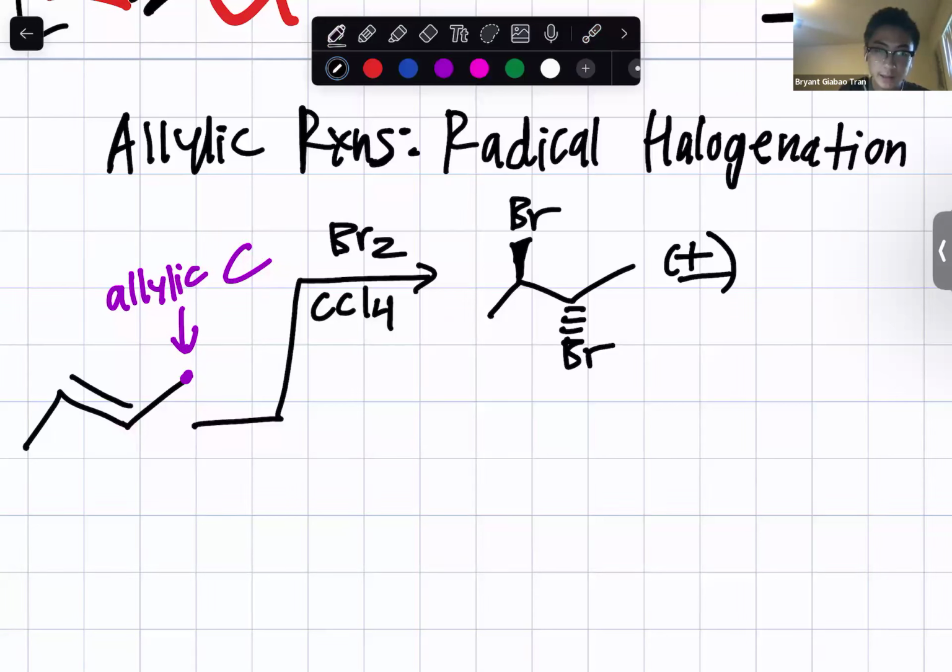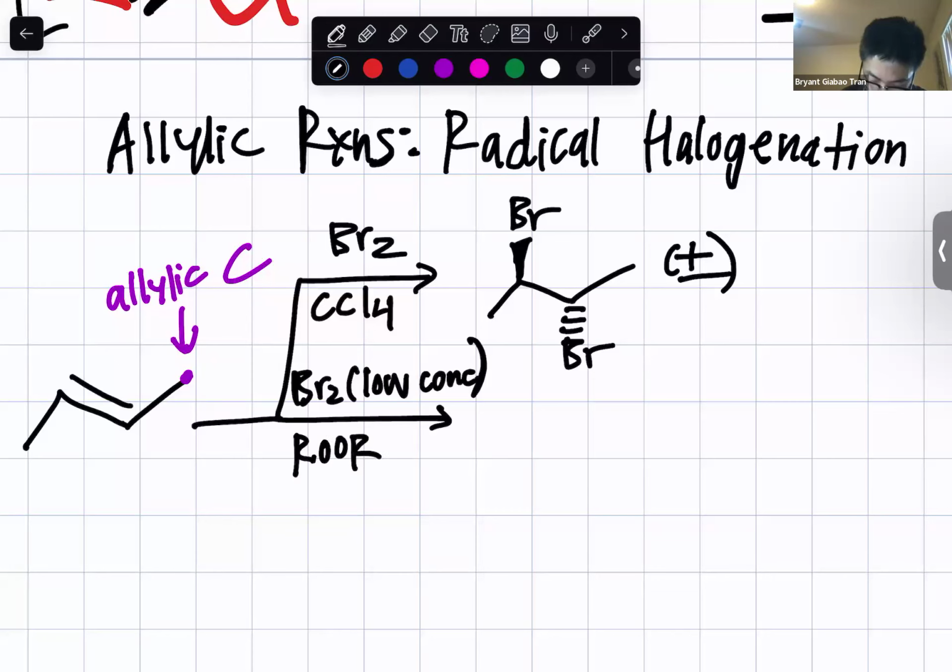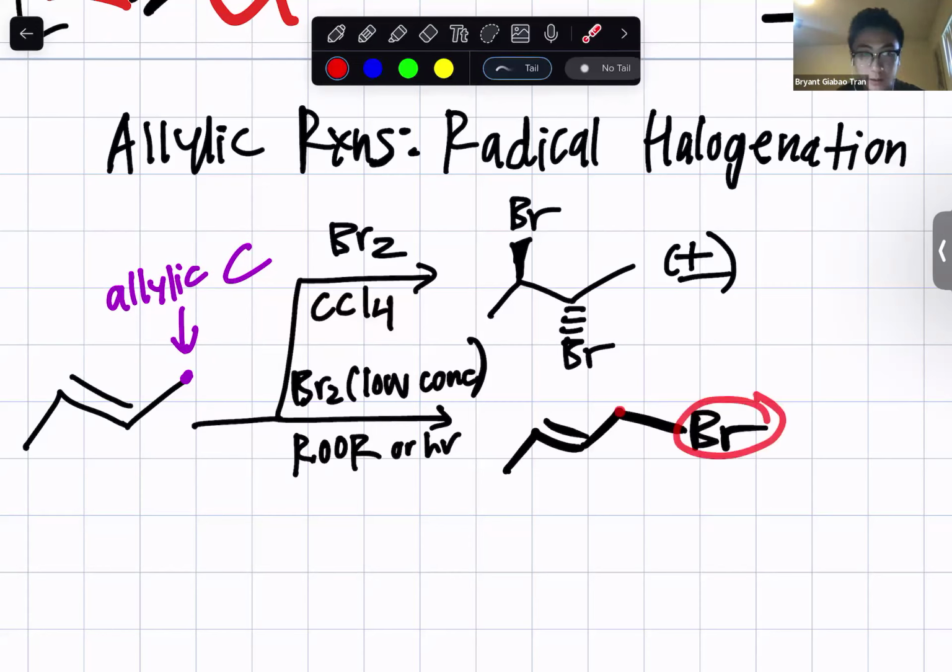One way that you could do that is to put Br2 in low concentration and put that under heat or light. That is going to give you that bromine attached to that allylic carbon right there. This has to be in low concentration because if you had high concentration, then you would get this product here.